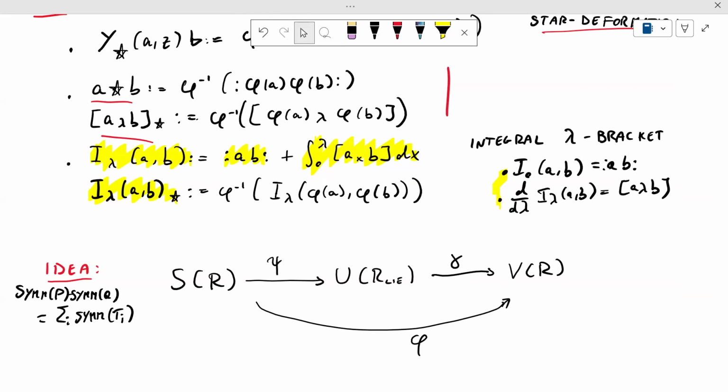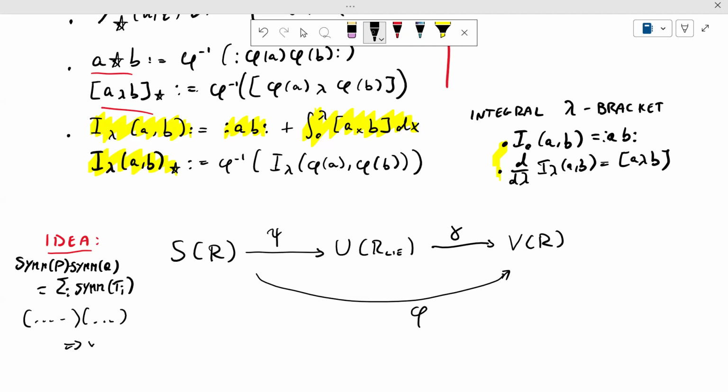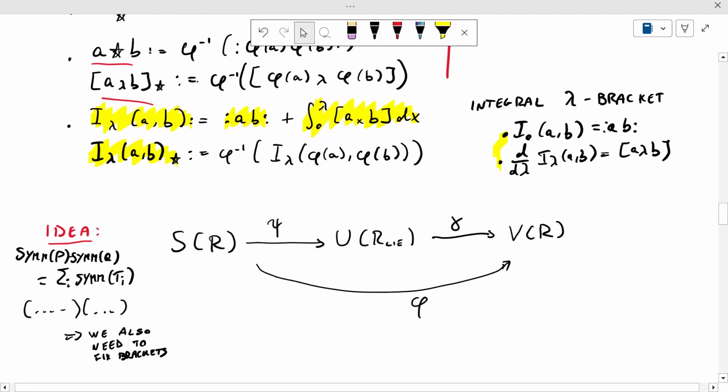Now, in our case, there's also another problem: if we have something that is a product with the normalized order of parentheses, and we multiply two of them together, the product won't have the parentheses in the correct order because this algebra is non-associative. So we also need to fix the associator.